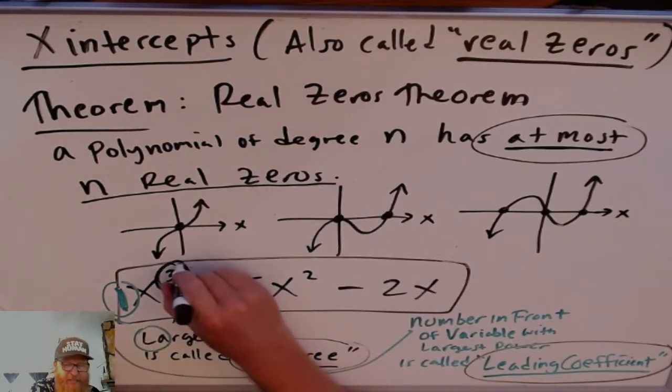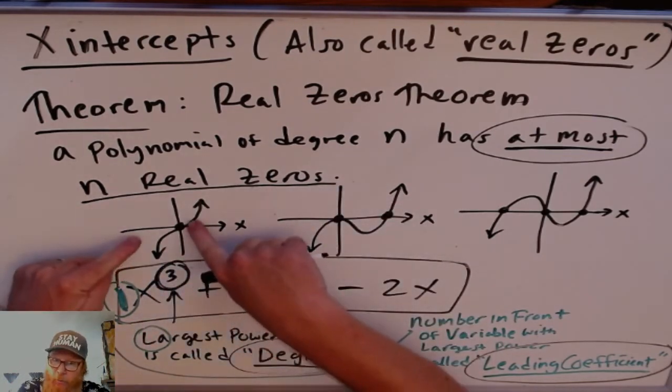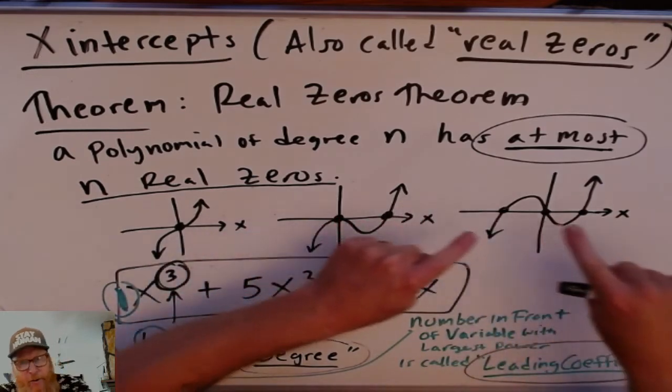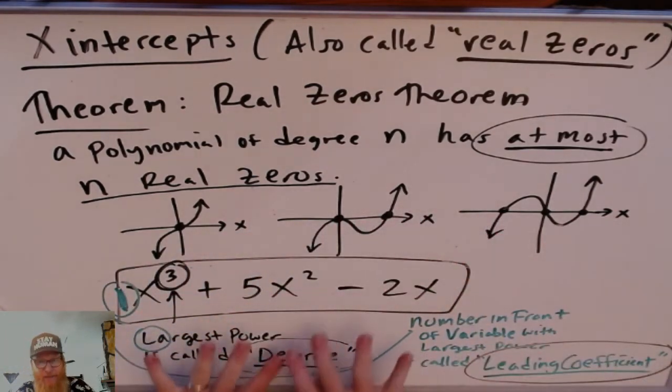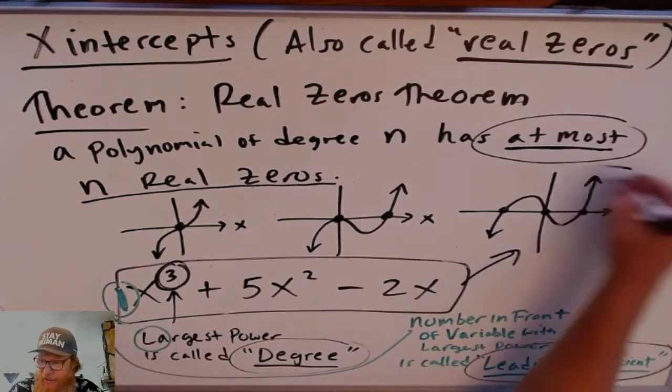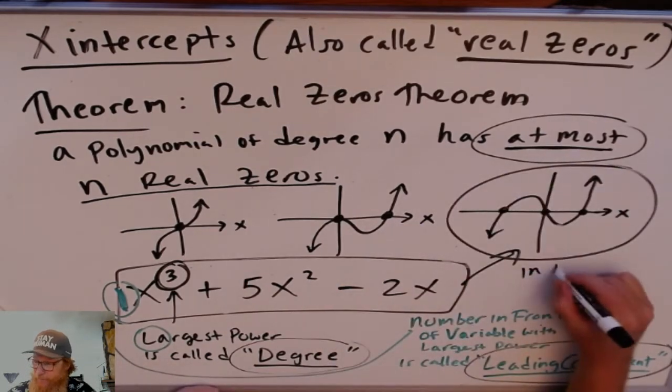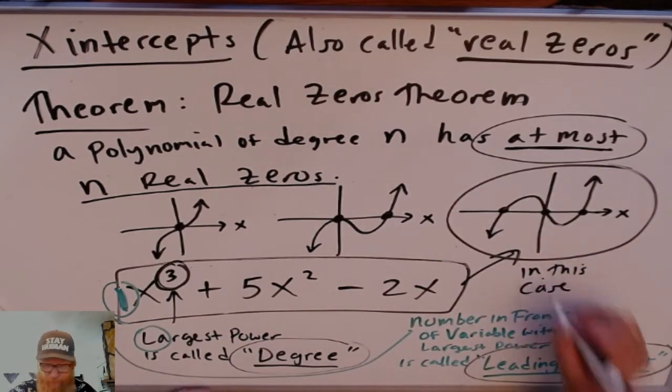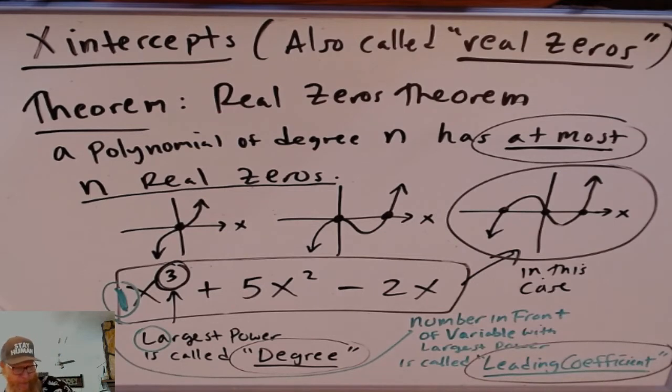If the degree is 3, it could cross once, it could cross twice, or it could cross three times. This particular one crosses three times. I'm not going to get into the details.